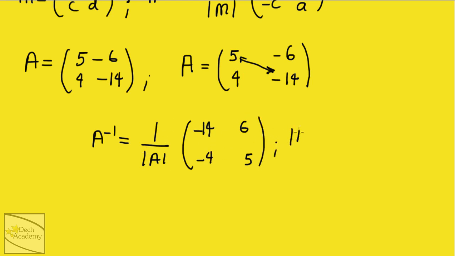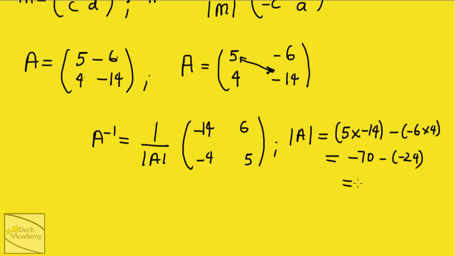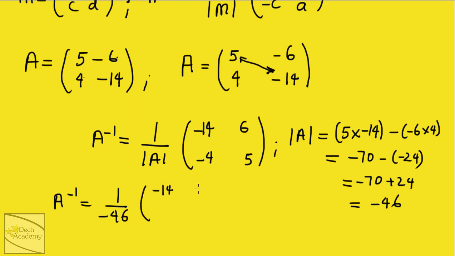Well, the determinant of A is equal to AD minus BC, so it's 5 times minus 14 minus minus 6 times 4, and that's equal to minus 70 minus, what's minus 6 times 4? That's minus 24. So it's minus 70 plus 24, which is minus 46. So we now know the inverse of A. The inverse of A is 1 over minus 46 times minus 14, 6, minus 4, and 5.